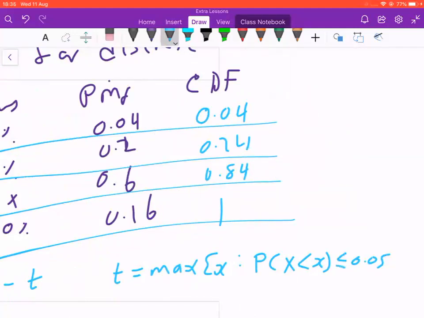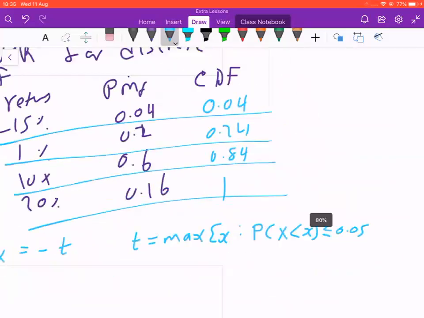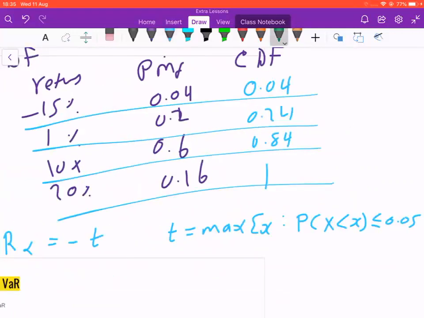Which return has a probability of 5% or less in terms of CDF? This one does not qualify because it's not 5% or less. This one does not qualify because it's not 5% or less.